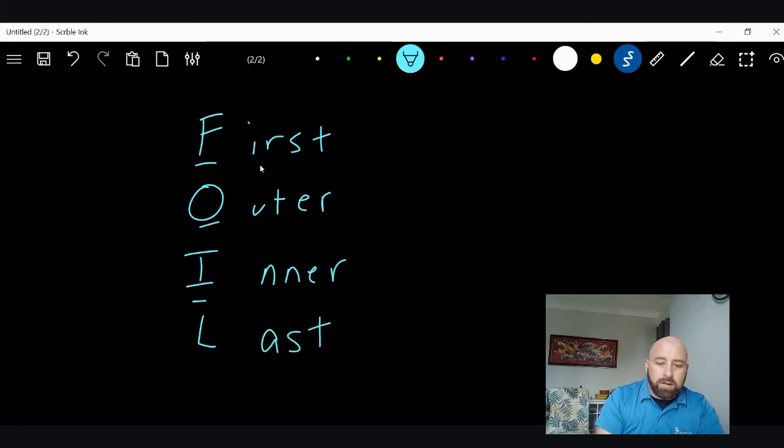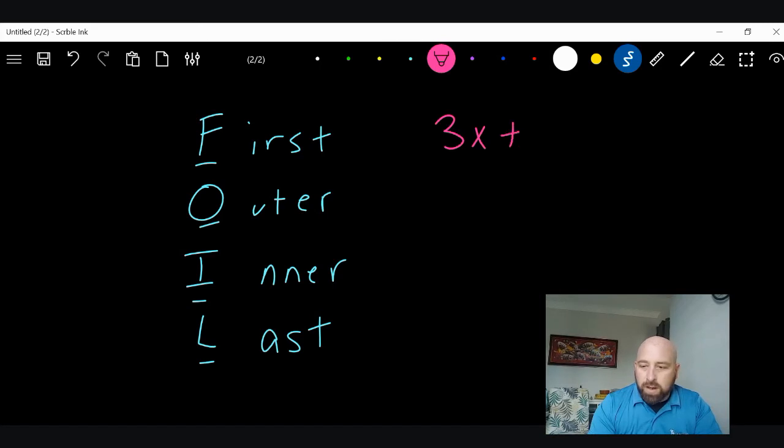First, outer, inner, last. And that helps you remember how to do the foiling. So here's what this looks like. I have 3x plus 4y. That's my first binomial. And foiling works when you have binomials times binomials. It doesn't work with monomials like distributing does.